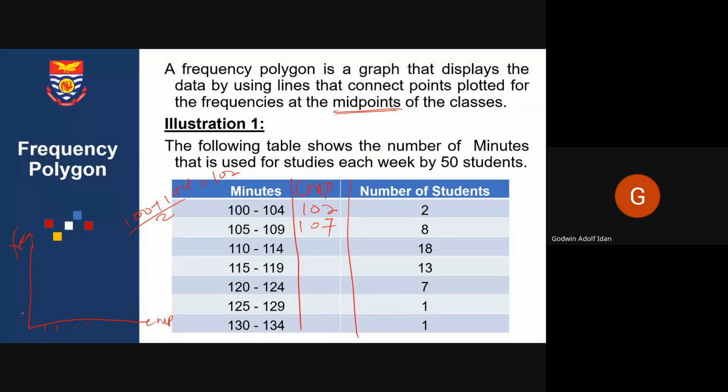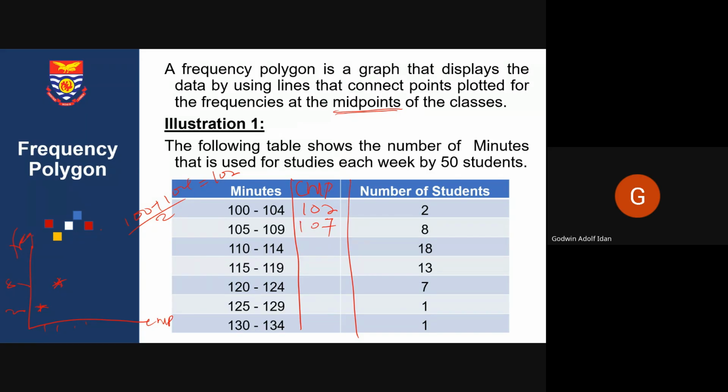So this time around, let's assume here is 2, and here is 8, and then we have 102 in that particular order. We're only interested in the coordinates. So we see where 102 is meeting the 2, then we draw our points. Then we look at 108 where it is also connecting with the 8, and we indicate that point on the graph.